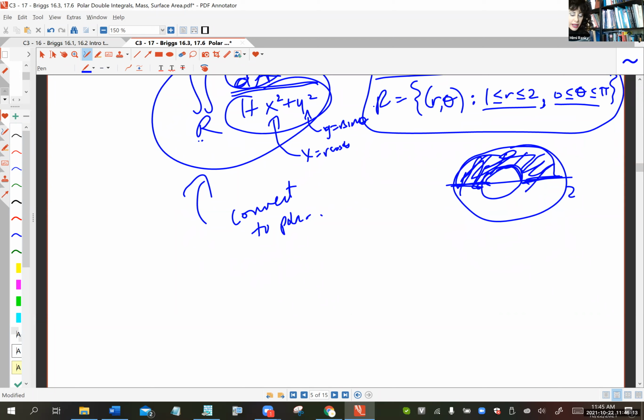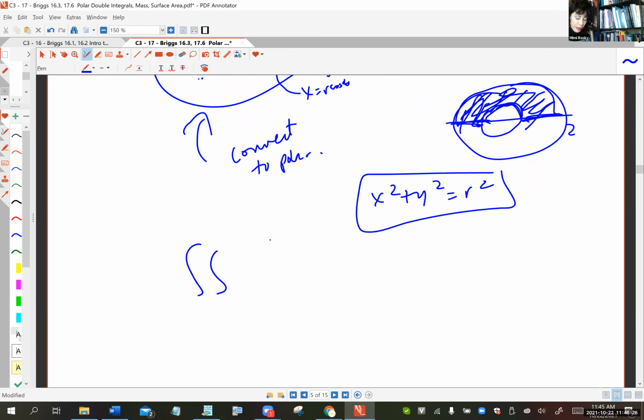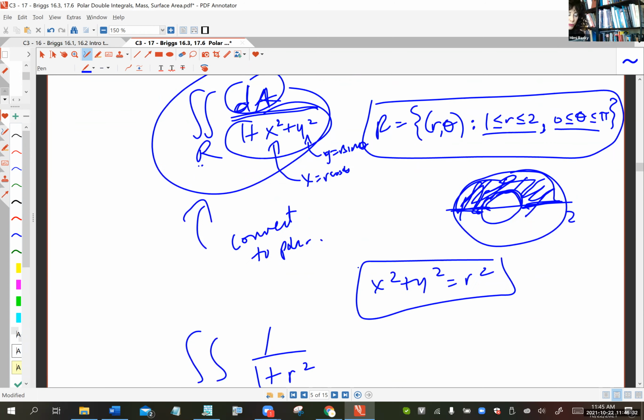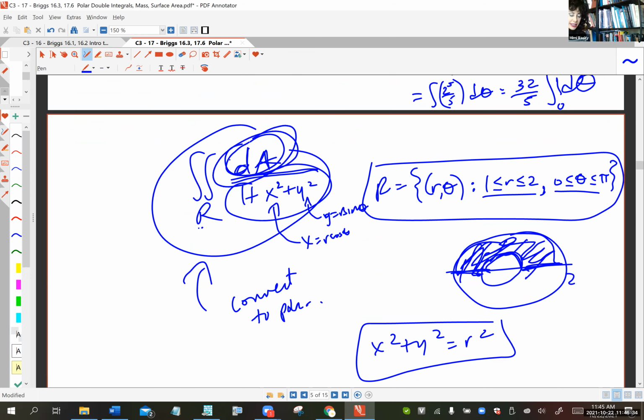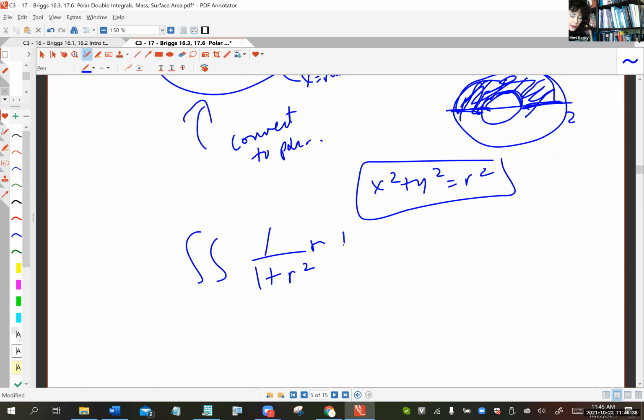But a quicker way, after you multiply it all out, is just to remember that x squared plus y squared is the same as r squared. That's always a quick fact that you can just grab. So what am I saying? I'm saying that the integrand is just 1 divided by 1 plus r squared. That's nice. Now dA, the area element, is r dr d theta.